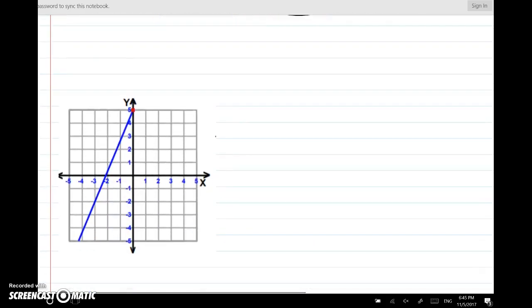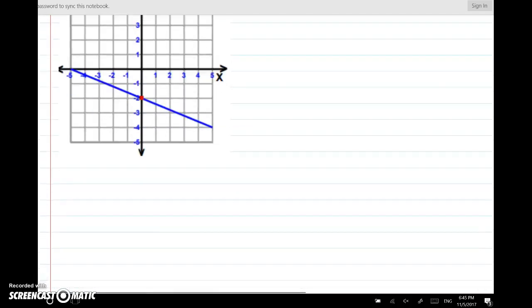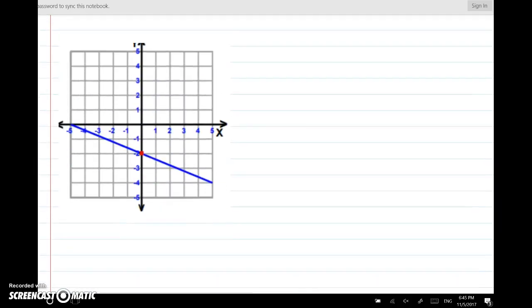Let's look at the next problem. Okay, I'm going to skip this one for now. Yes, this is the one I want to work on. Okay, again, the formula of a line is y equals mx plus b. We need to find our y-intercept and our slope.